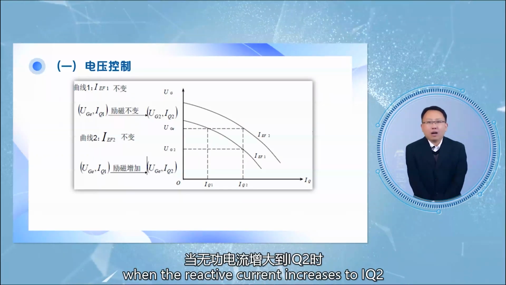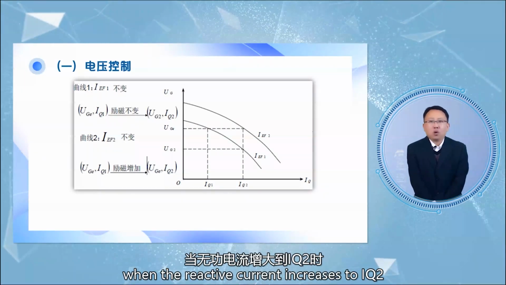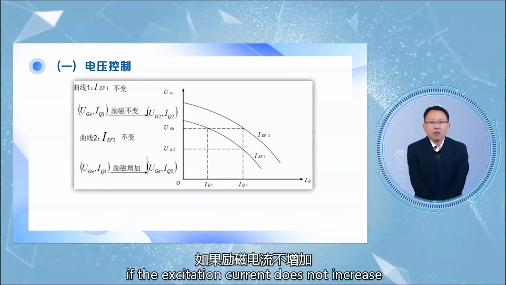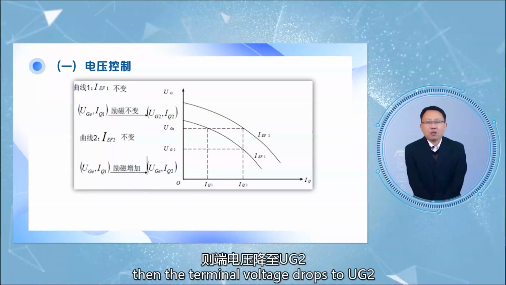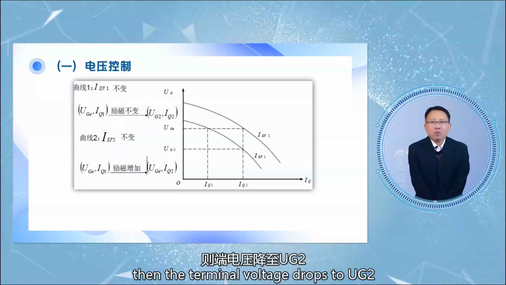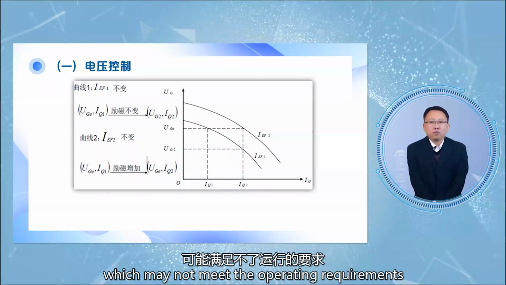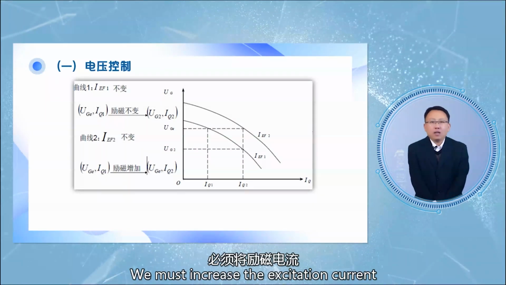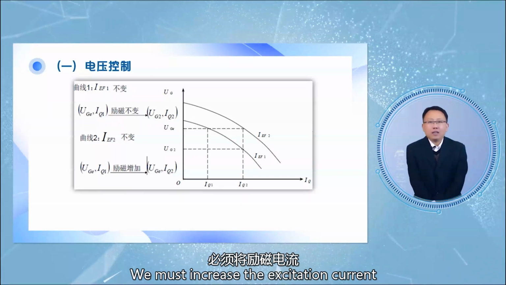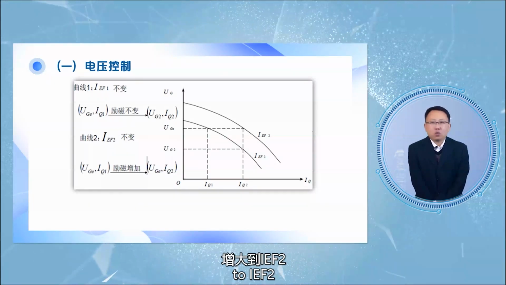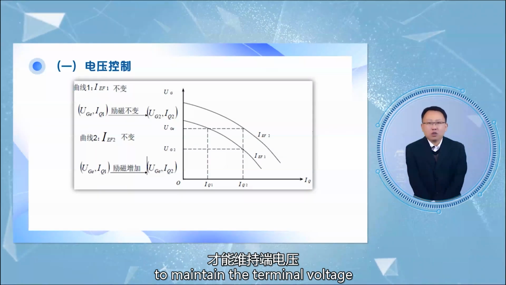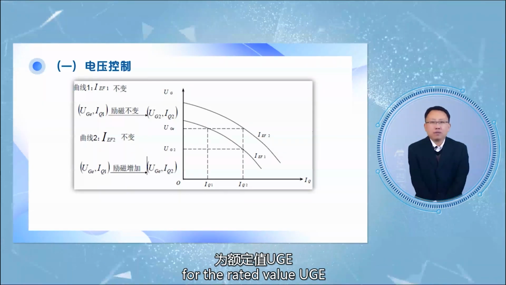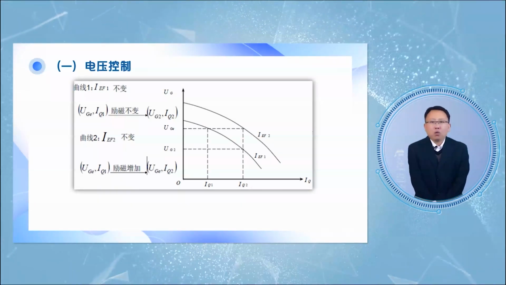When the reactive current increases to IQ2, if the excitation current does not increase, then the terminal voltage drops to UG2, which may not meet the operating requirements. We must increase the excitation current to IEF2 to maintain the terminal voltage at the rated value UGE.